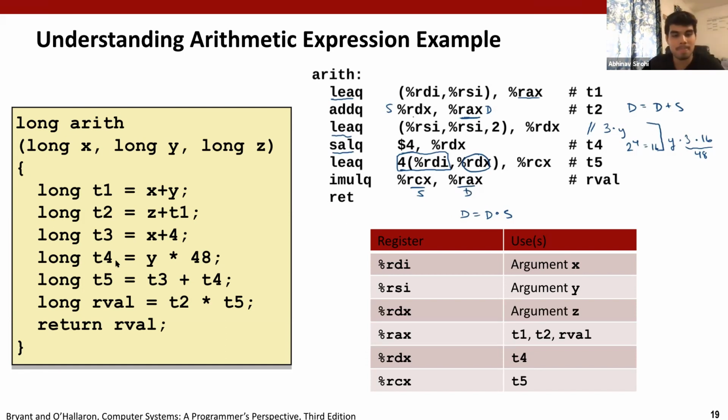But yeah, so RDI contains X, and we add 4 to that, and that's effectively what T3 was. And then we also add the value in RDX, which is T4, to that, which results in our value for T5. Okay, yeah, that makes sense.